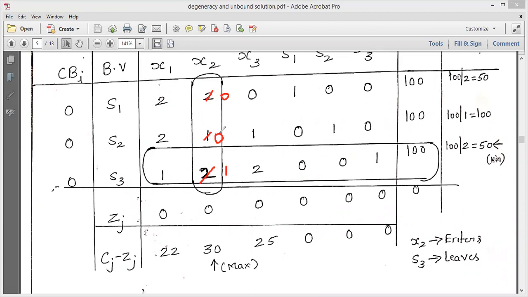How to make this 0? Here we have 1, so R2 is equal to R2 minus R3. How to make this value 0? R1 is equal to R1 minus 2 times R3.